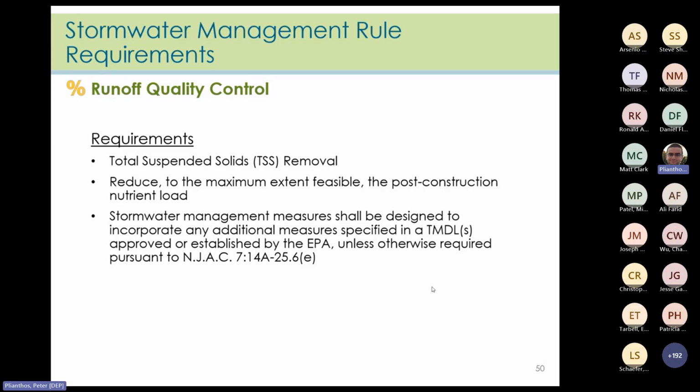Additionally, the amended rules include a new requirement at NJAC 7:8-5.5(j), stating that stormwater management measures shall be designed to incorporate any additional measures specified in a TMDL approved or established by the EPA unless otherwise required pursuant to NJAC 7:14A-25.6(e).